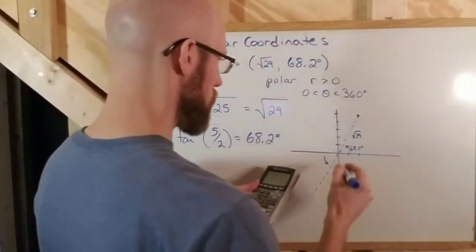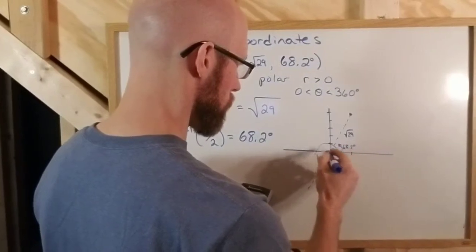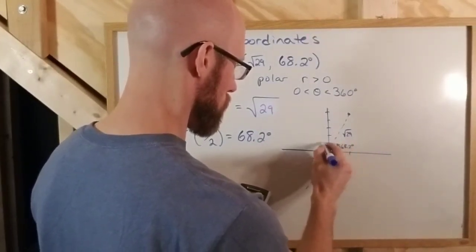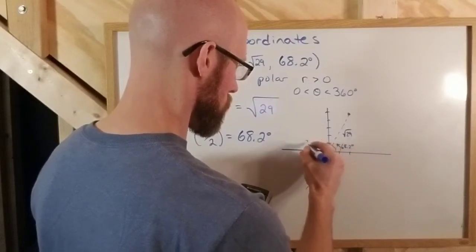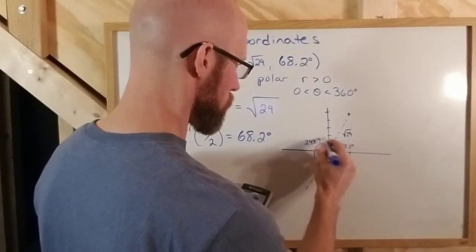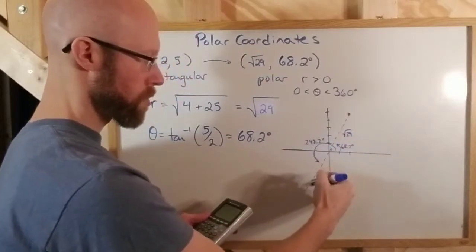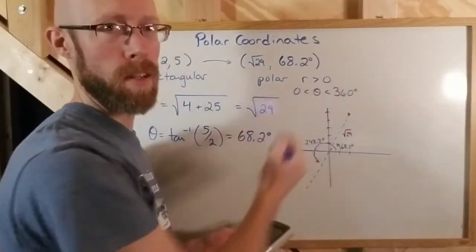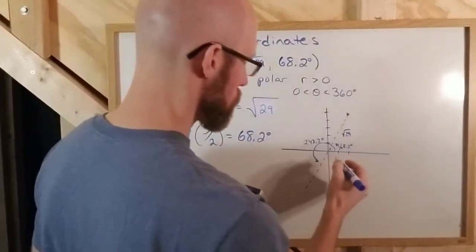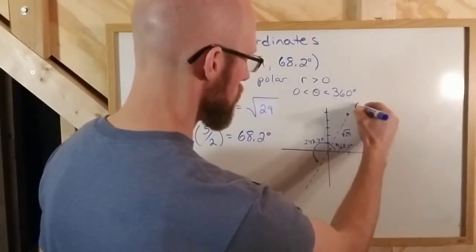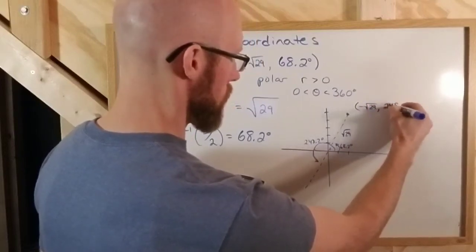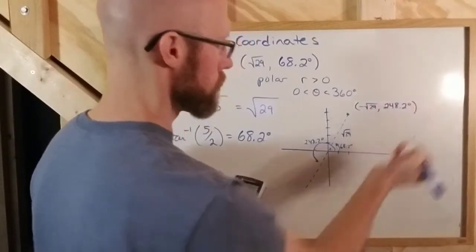That's a 248.2 degree angle. So that gives you the angle down in the third quadrant. And then negative radii take you back into the first quadrant. Okay. So to get that same point, you could do a negative root 29 with a 248.2 degree angle. Okay.